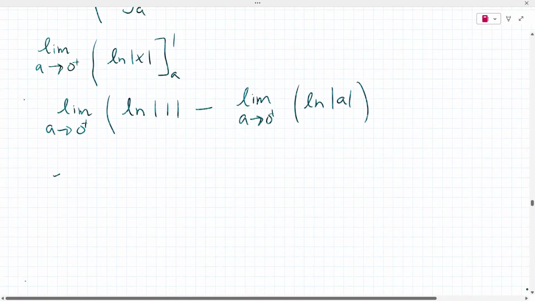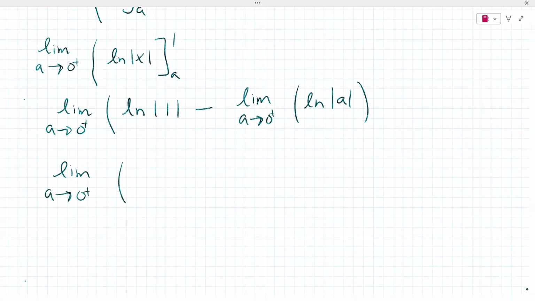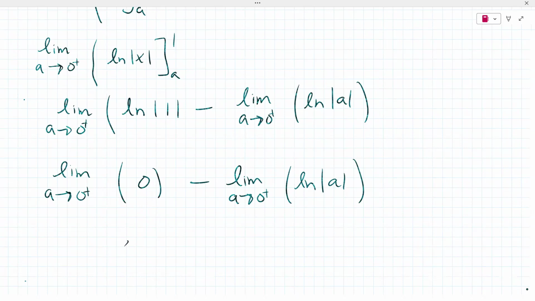Okay, so it's going to be the limit as a approaches 0 to the right. And then ln of 1 is 0 if you put that in the calculator, minus the limit as a approaches 0 to the right of ln of absolute value of a. So this is going to be 0 minus, what is this going to be?